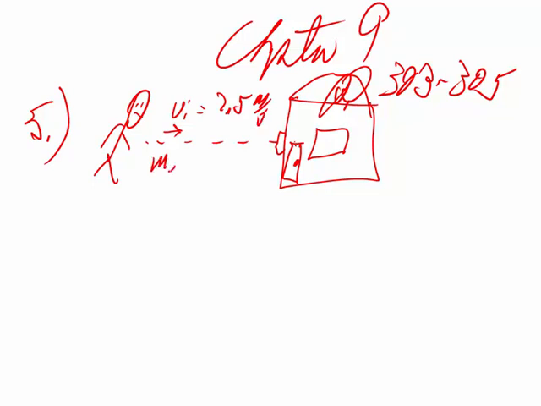The mass of the snowball is 120 grams, which is actually 0.12 kilograms. All right? The final velocity of the snowball is 0 meters per second, because it sticks.